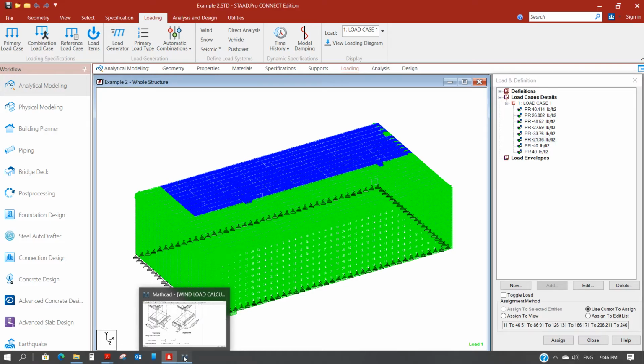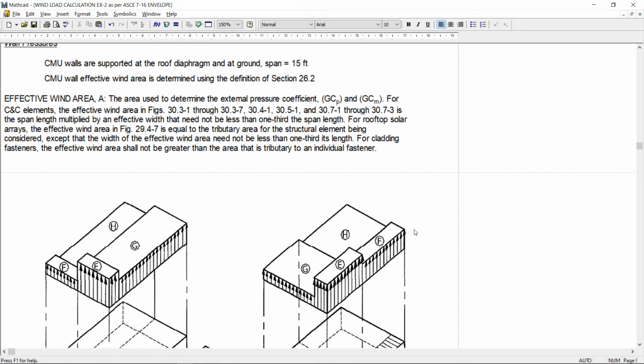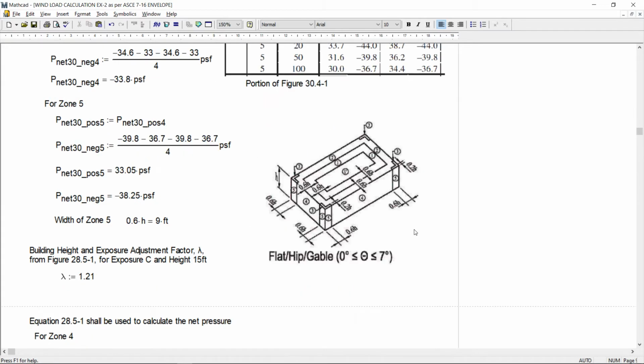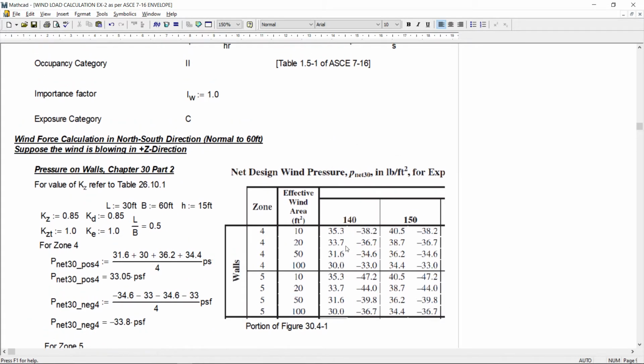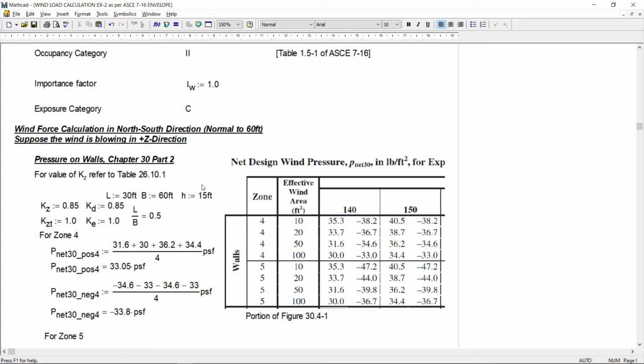And for the wall, let me go back to the wall calculation. For the side wall, I use the provisions for component and cladding, and here for component and cladding I use this side wall loads. And here the table is taken from figure 30.4-1.